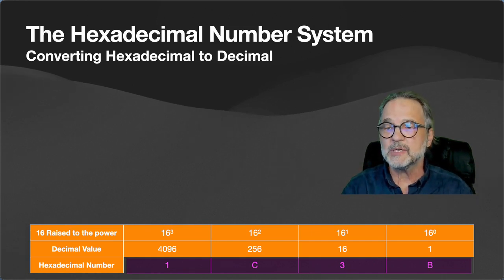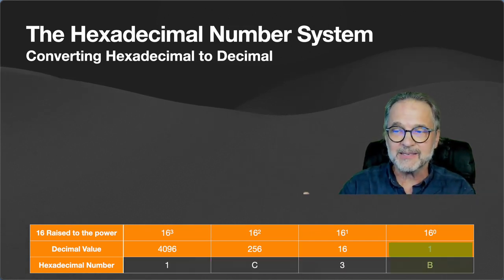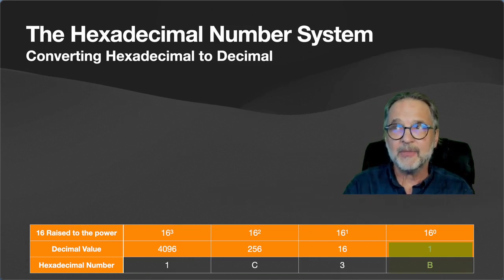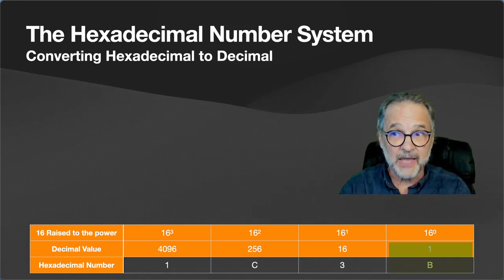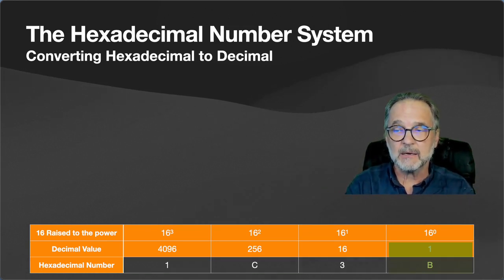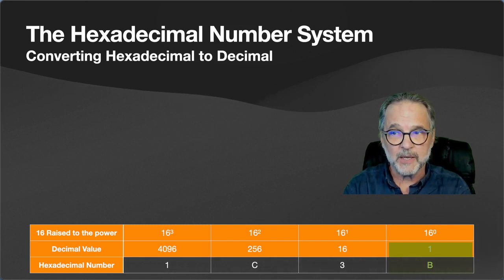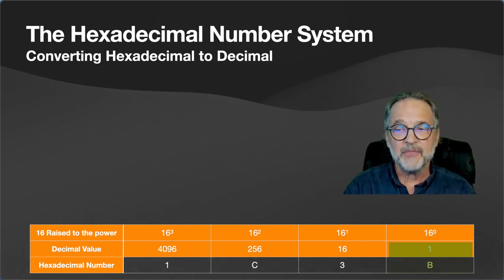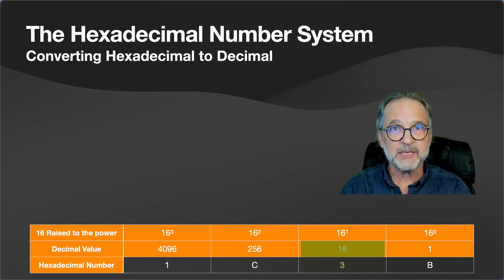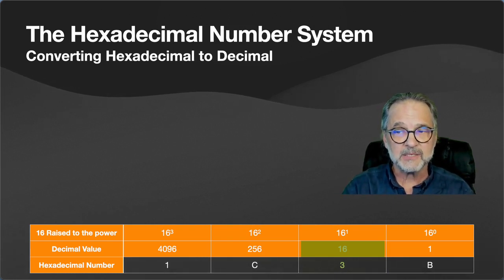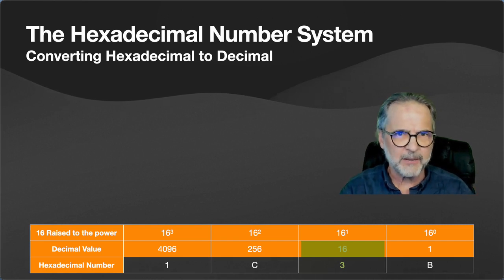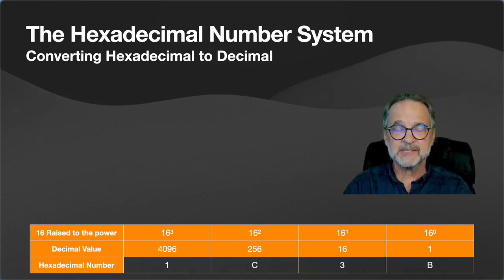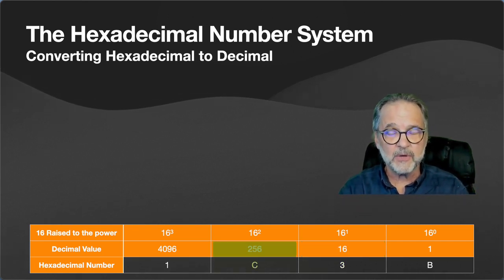Well, you'll start on the right. I like to take the B, and the B, I believe, is 11. So we take 11 times 1, so that's 11. Then the next digit, 3, we take 3 times 16, because 16 to the 1 is 16. 3 times 16 is 48, I believe. And then we take the C.